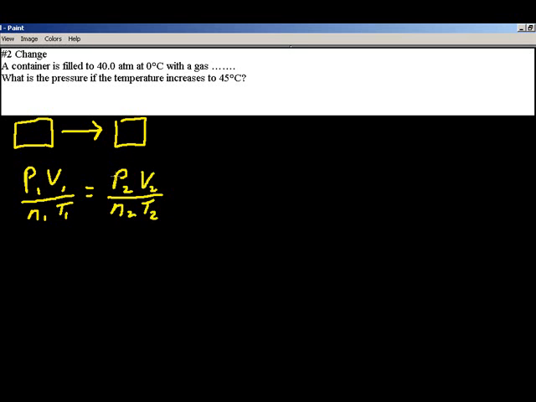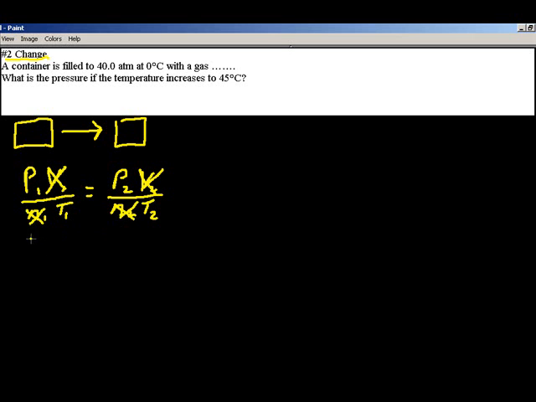Now, our next maneuver is to look at the problem and ask the question, what is being held constant and what is being changed? So a container is filled to 40 atm at 0 degrees, and it's asking us what happens to the pressure when the temperature changes. You go, right, what didn't change was volume. So I can cancel volume from my equation, and I can cancel the number of moles from the equation.